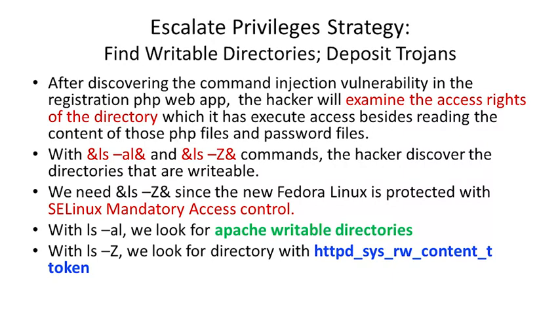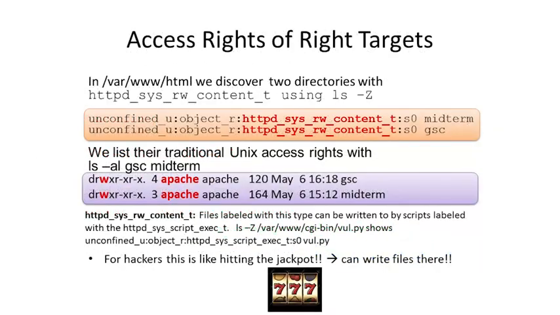In a Linux system, we use ls -al to look at the traditional Unix access rights. Here are the access rights of two target directories.